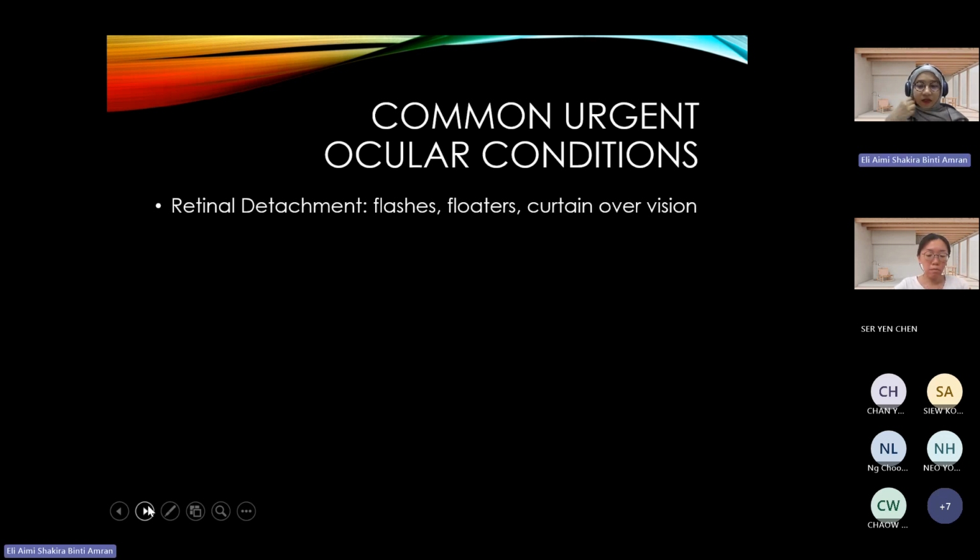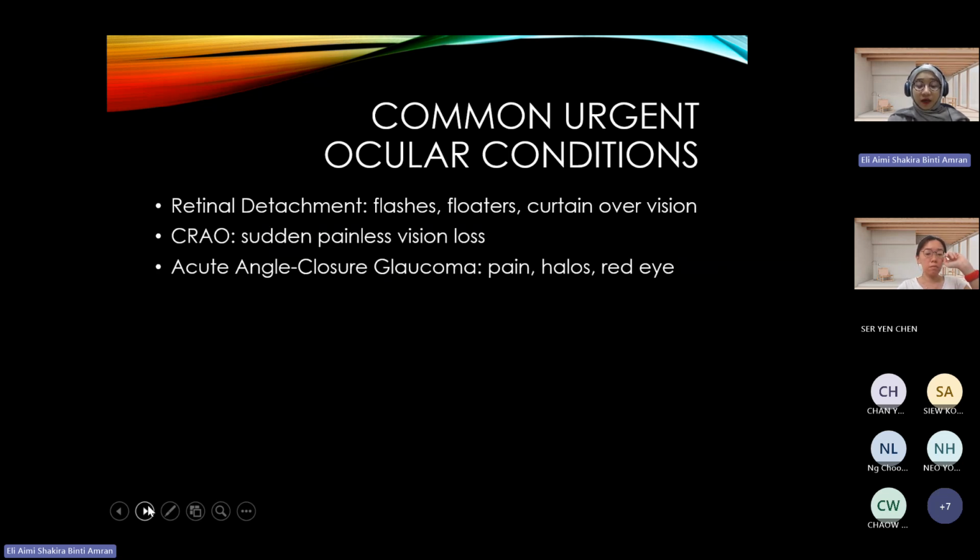Okay, so these are the common urgent ocular conditions. First is retinal detachment. Then CRAO. What is CRAO? Central retinal artery occlusion. Correct. This CRAO can cause sudden painless vision loss.